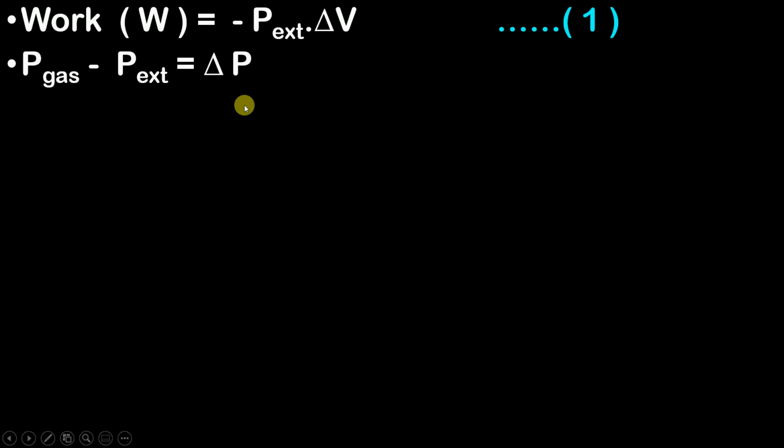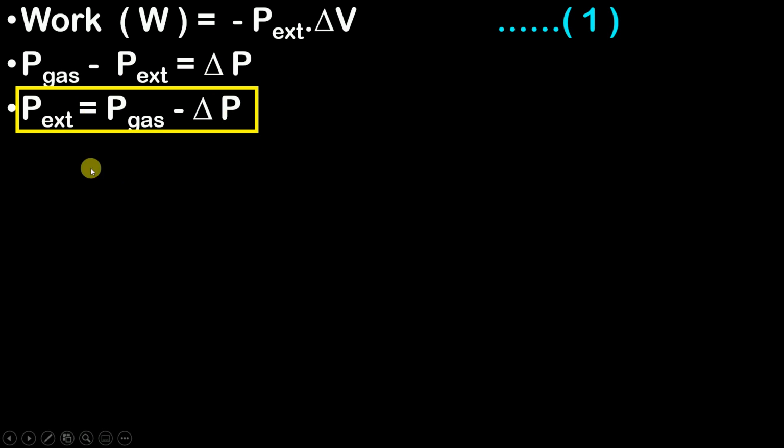Now what I'm going to do is shift this delta P to this side and the external pressure to the right hand side. So from here I get the formula for external pressure, that is nothing but the pressure of the gas minus the difference between both of them, which is represented by delta P. Now just use this relation, the formula of external pressure, and substitute it in this equation.